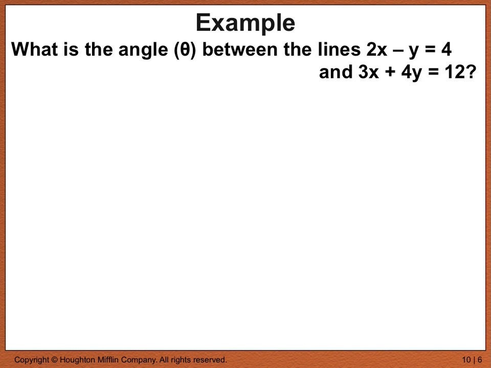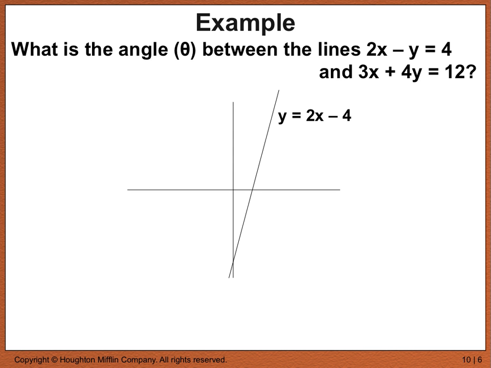Let's do this example. What is the angle theta between the lines 2x minus y equals 4 and 3x plus 4y equals 12? So this is our line 2x minus y equals 4. And notice how it's just rewritten here in y equals mx plus b form, also known as slope-intercept form.